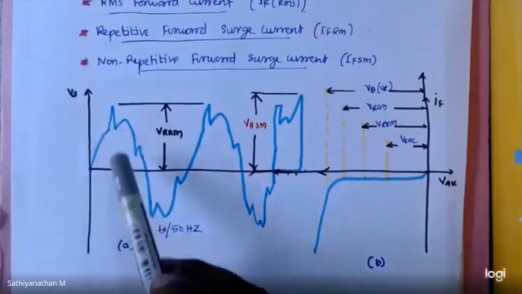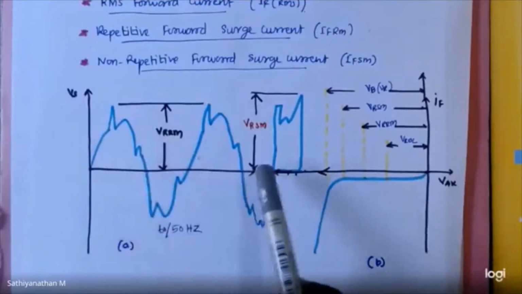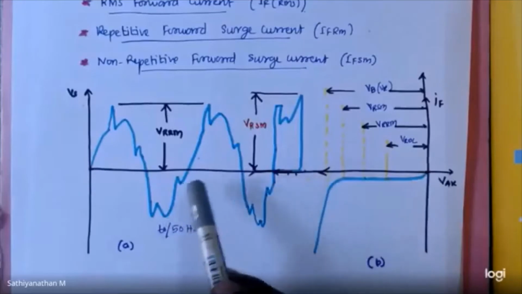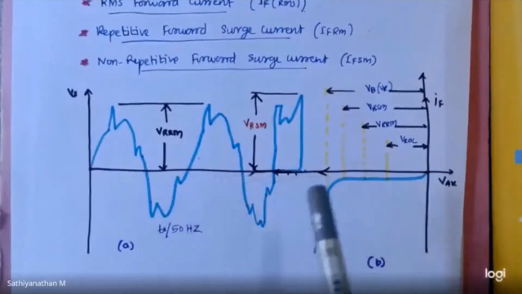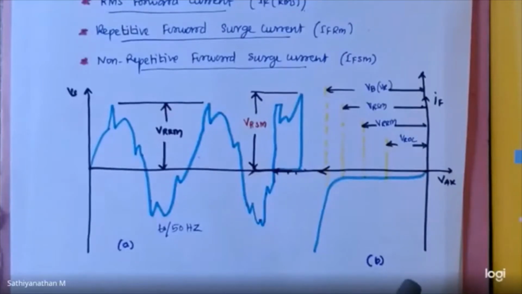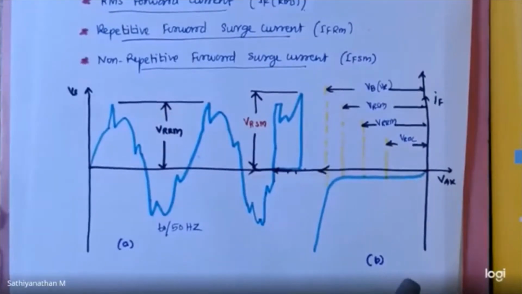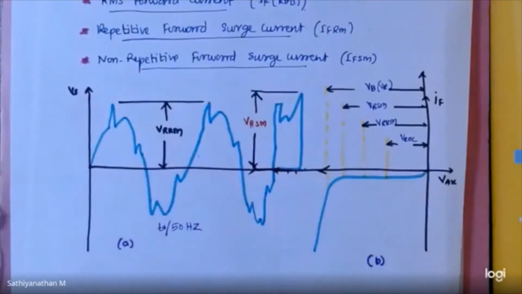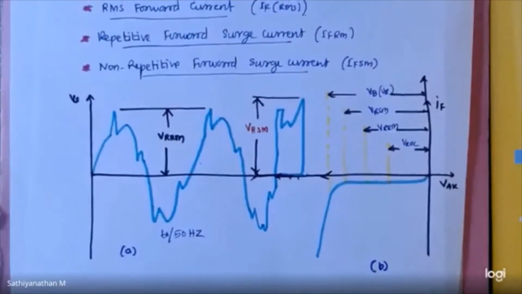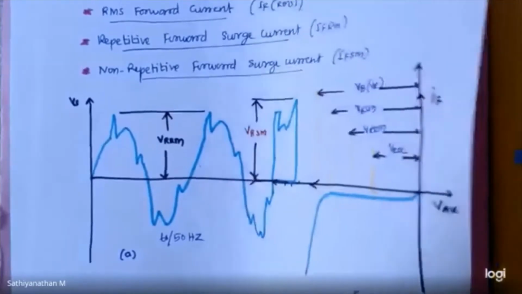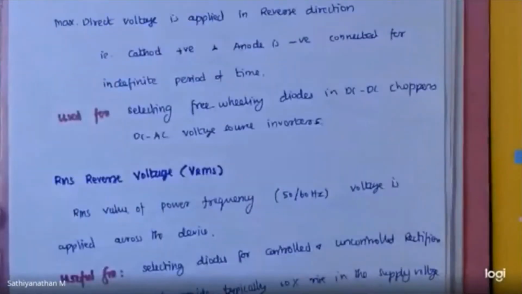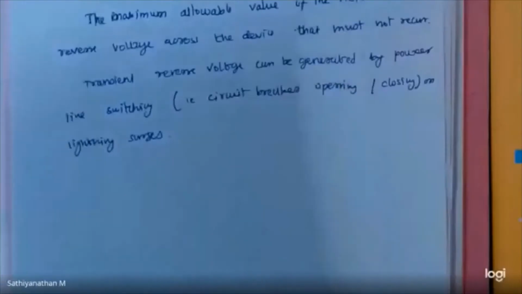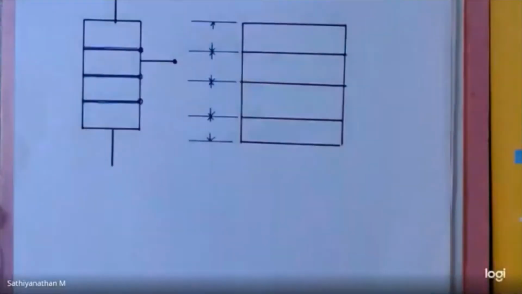For example, instantaneous surge voltages and non-repetitive voltages that should not affect the conduction period of a diode. So we need to take care of these parameters while selecting a particular diode for a particular application. So these are the definitions we have discussed.